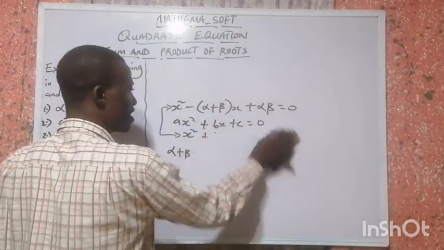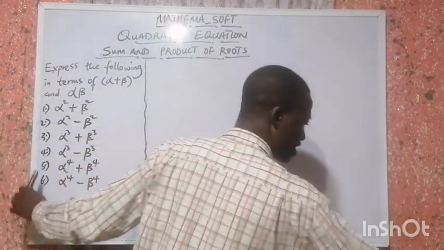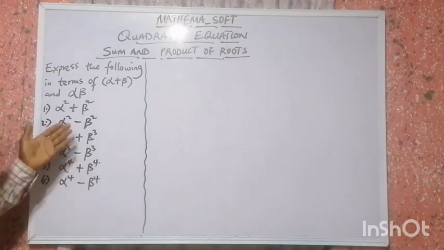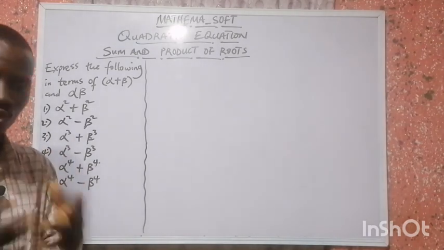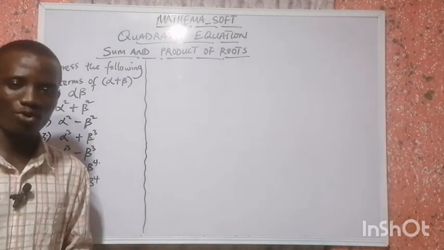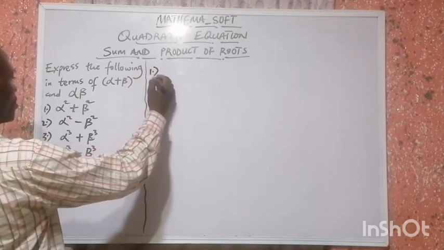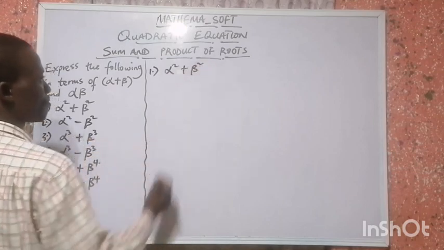All right, we have 6 expressions written in terms of alpha and beta, and don't forget the alpha and beta here simply represent the 2 roots of a quadratic equation. So the first one, number 1, we have alpha squared plus beta squared.